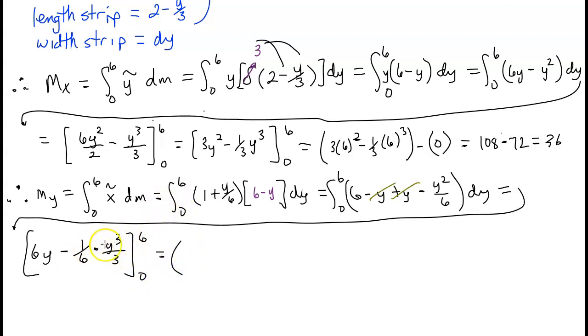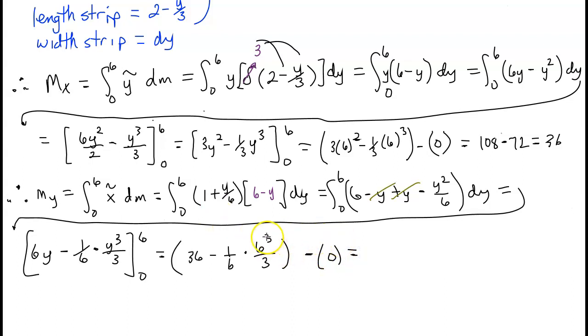So for our first term, we'll have 6 times 6, which is 36, minus 1/6 times 6 cubed divided by 3. And minus, of course, for both terms, if we plug in a 0 for y, that will just be 0.